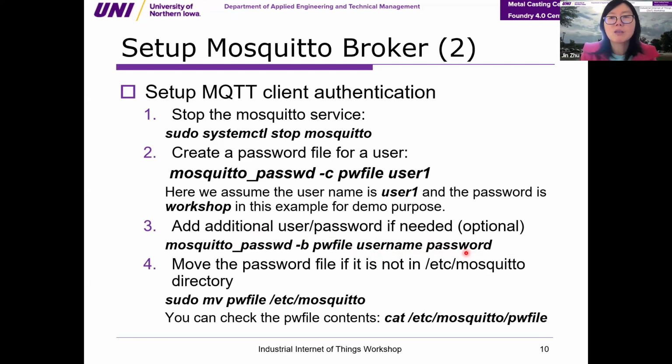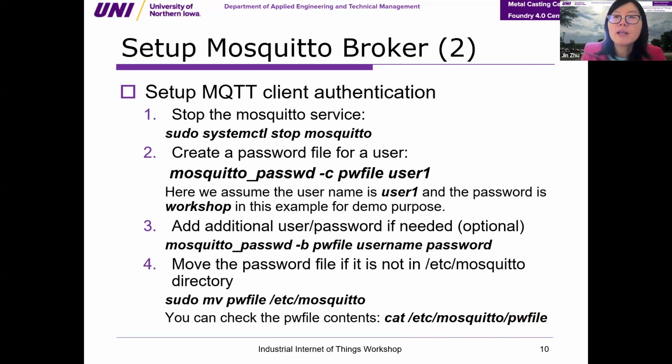So those have to match, otherwise they cannot make the connection successfully. I assume that this file is under the /etc/mosquitto directory.